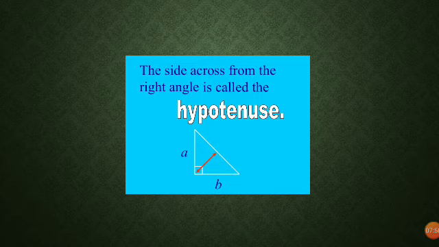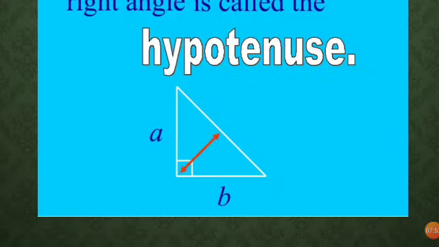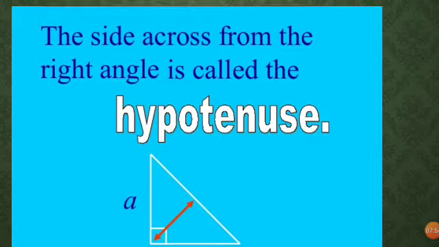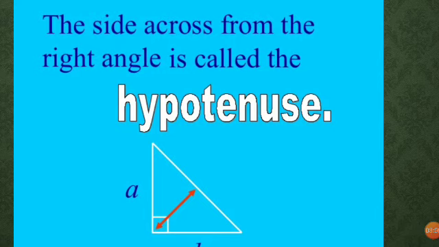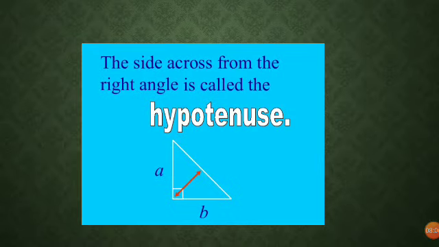Then the hypotenuse side, that is called a right angle triangle.